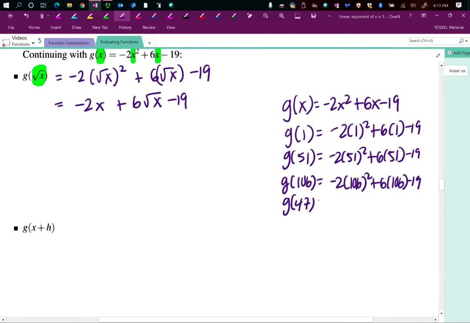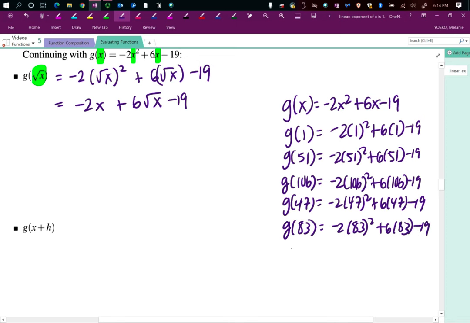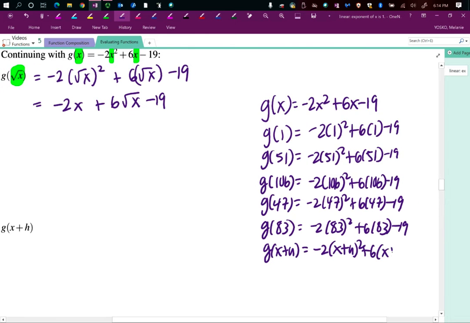G of 47 is negative 2 times 47 squared plus 6 times 47 minus 19. G of 83 is negative 2 times 83 squared plus 6 times 83 minus 19. So g of x plus h is negative 2 times x plus h squared plus 6 times x plus h minus 19.